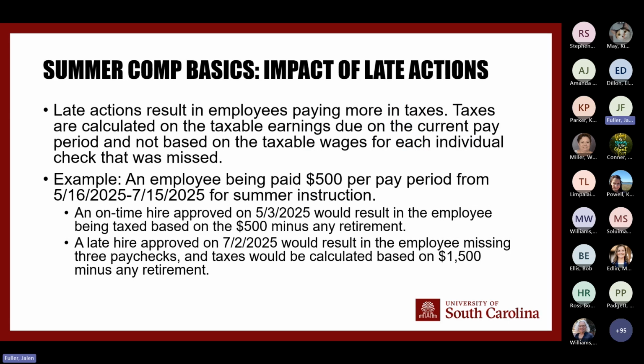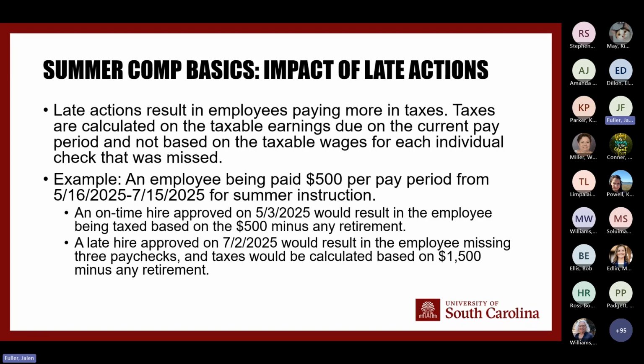Okay, so the impact of these late actions. Late actions result in employees paying more in taxes. Taxes are calculated on the taxable earnings due on the current pay period and not based on the taxable wages for each individual check that was missed.